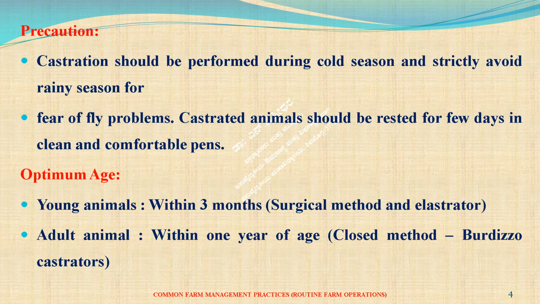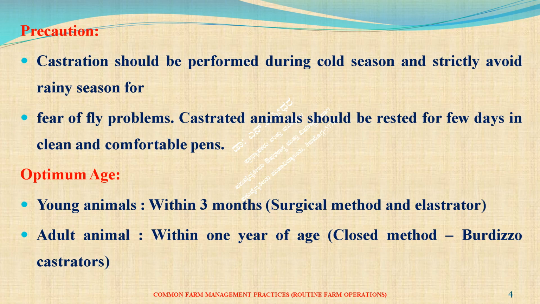Castration should be performed during the cold seasons and strictly avoided in the rainy season for fear of fly problems, and castrated animals should be rested for a few days in clean and comfortable pens.